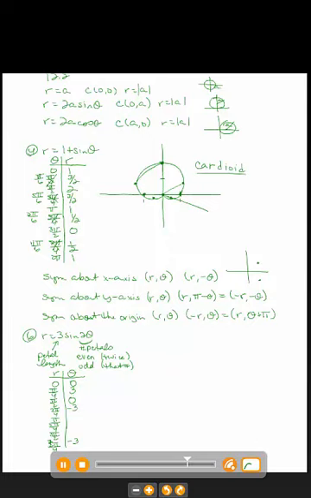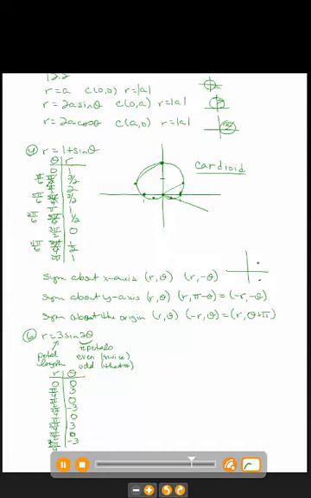Put pi in there, it's the sine of 2 pi, which is 0, times 3 is 0. 5 pi over 4 times 2 is 5 pi over 2. 5 pi over 2 is the same as pi over 2. The sine of pi over 2 is 1, so this is going to be 3. 3 pi over 2 times 2 is 3 pi. That's the same as pi. The sine of pi is 0.